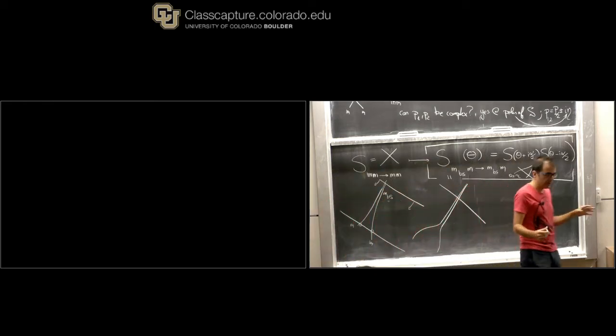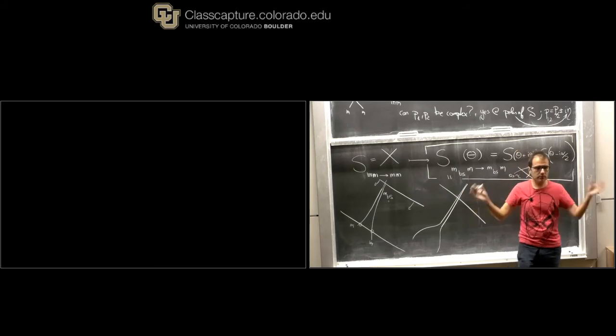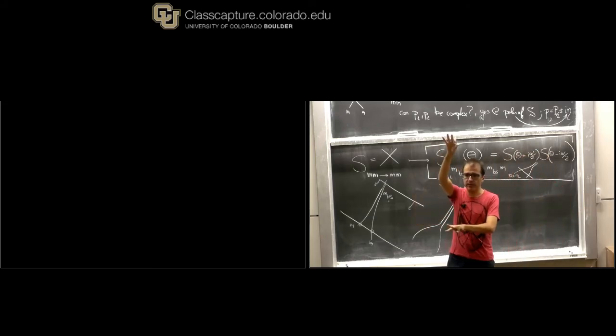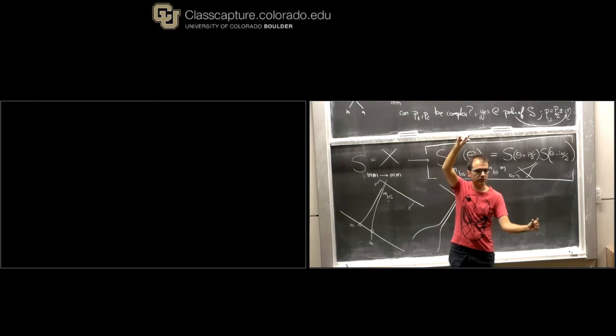Let me say things a little bit more generally. How would it work in a general quantum field theory? Suppose I have a higher dimension quantum field theory and I have a 3-to-3 scattering process. Then what I can also do is take two of the particles in the past and go to what's called the Landau singularity, where they form the bound state.